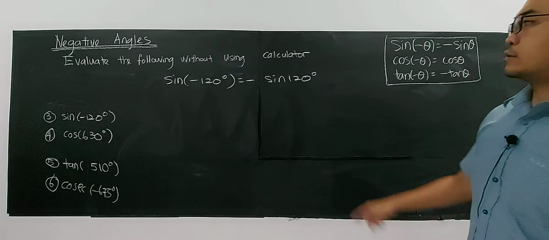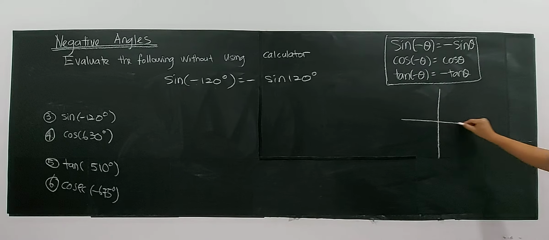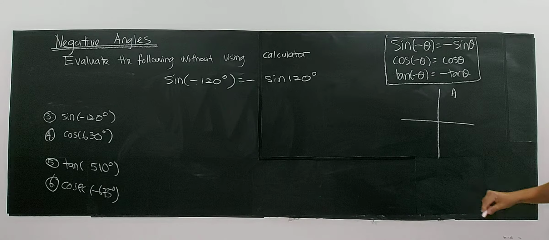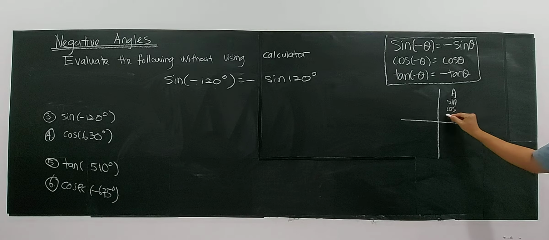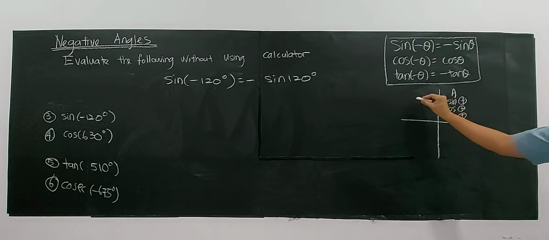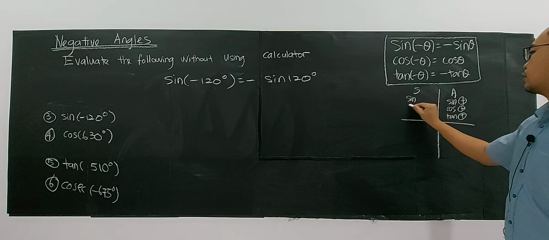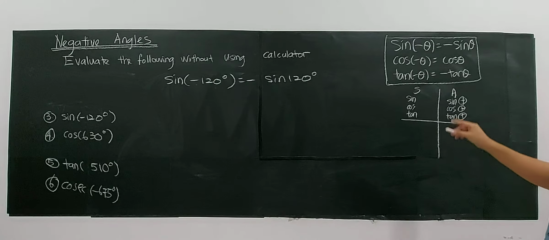Now sine 120. As you learned in trigonometry, in this quadrant, all of sine, cos and tangent are positive.